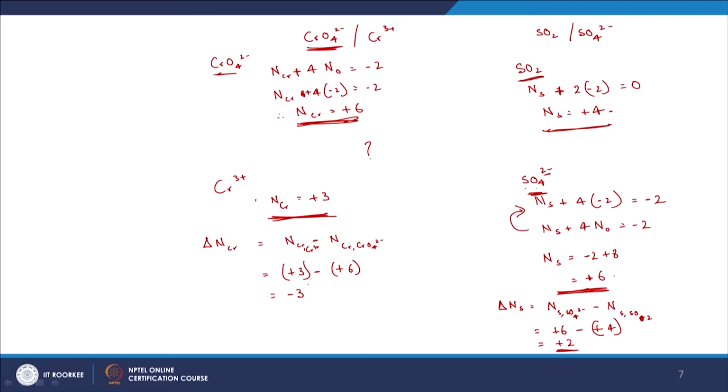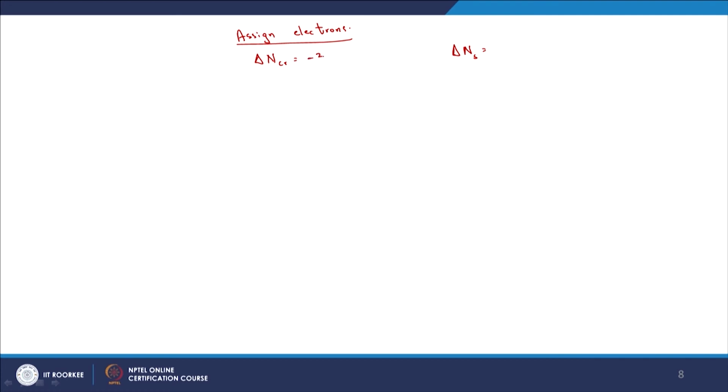So the next step is going to be how to assign the electrons, right? So the next step would be obviously to assign the electrons, and in that context we calculated the change in oxidation states for chromium and the change in oxidation states for sulfur. And I guess we looked at -3 here, and here it was +2, right? So -3 and +2 here.